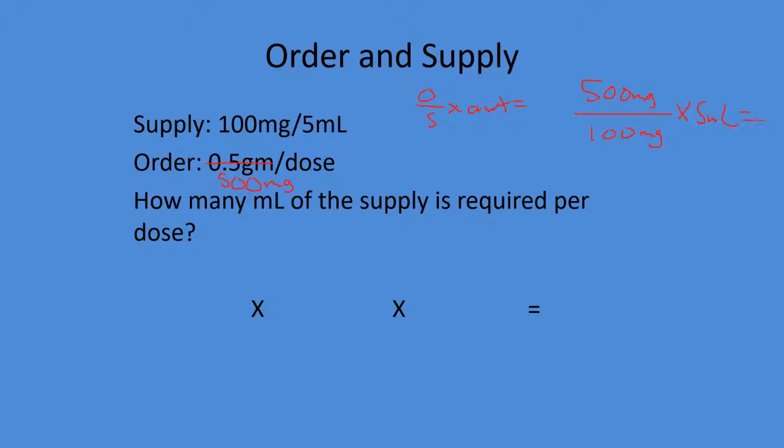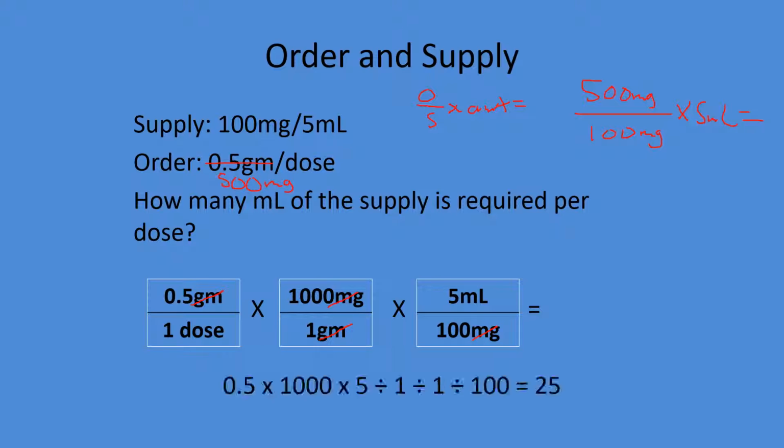There you go. 500 divided by 100 times 5. Yep, 25 ml. So if you're not sure, do the long way. Take a look at the units. If not, just use the shortcut and make sure you're in the same units. Milligrams, milligrams.